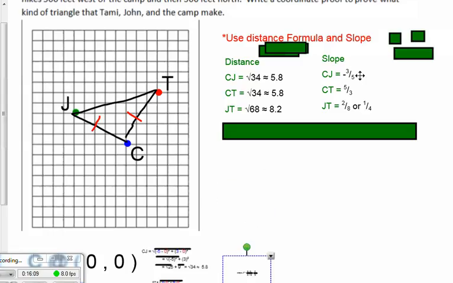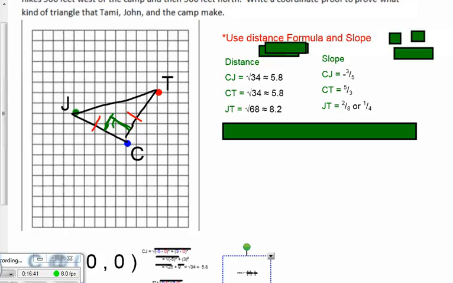Okay, looking at these slopes, negative 3 over 5 and positive 5 over 3, those are opposite reciprocals. We flip our numerator and denominator, and the negative now becomes a positive. Or if we go from here to here, again, we flipped our numbers, positive became a negative. These are opposite reciprocals. If these are opposite reciprocals, that means that these two lines are perpendicular.